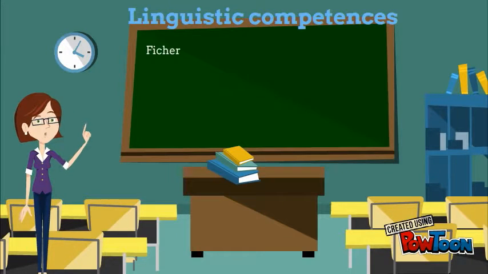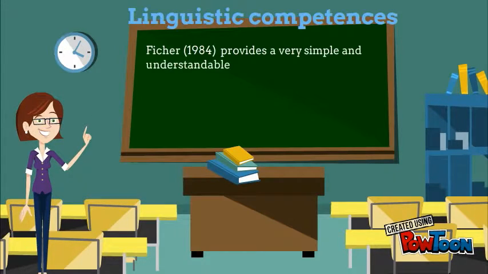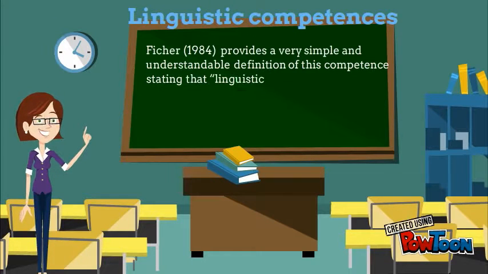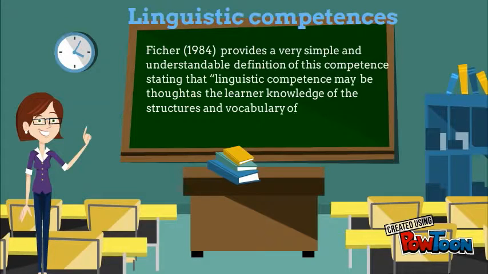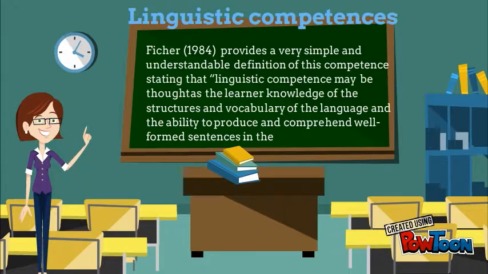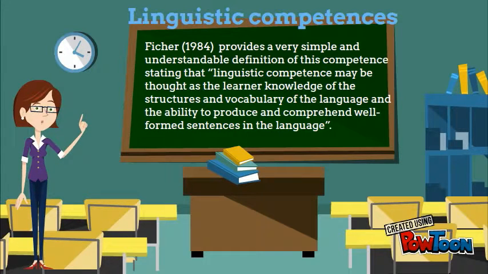Linguistic competence. Fisher, 1984, provides a very simple and understandable definition of this competence, stating that linguistic competence may be thought of as the learner's knowledge of the structures and vocabulary of the language and the ability to produce and comprehend well-formed sentences in the language.